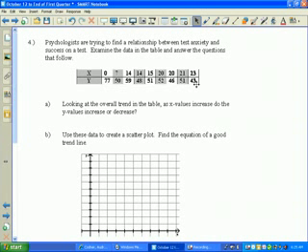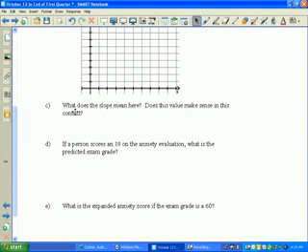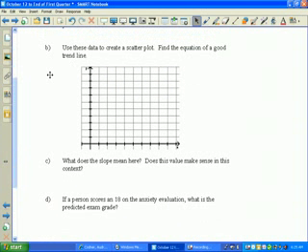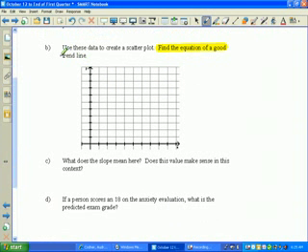It's mostly decreasing. Okay? That's a hint to help you with the rest of number 4. Again, if you look at C and B, they're basically matched up. And don't forget, you need to find the equation.